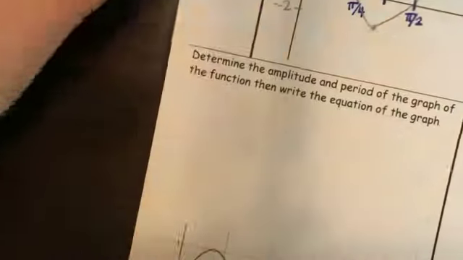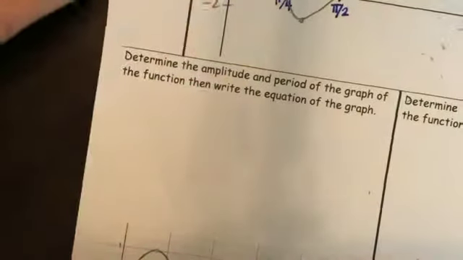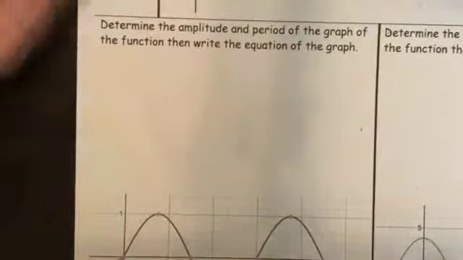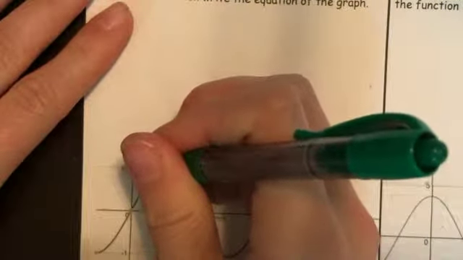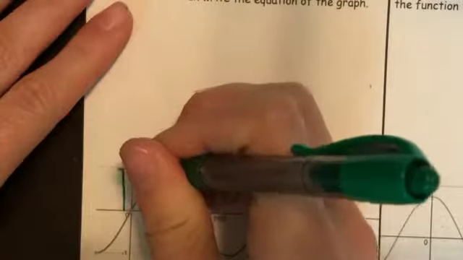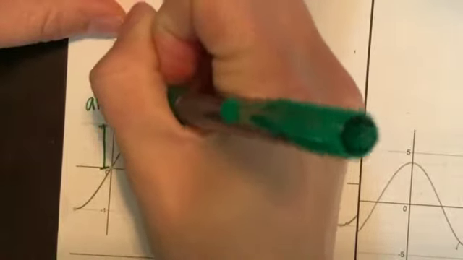Okay, we're going to determine the amplitude and the period of this graph and then write the equation of the graph. So we are going to find amplitude. Amplitude is from 0 to 1 here, so it's going to be an amplitude of 1.